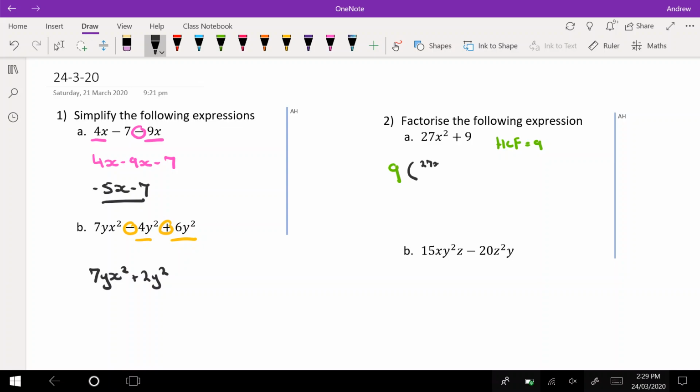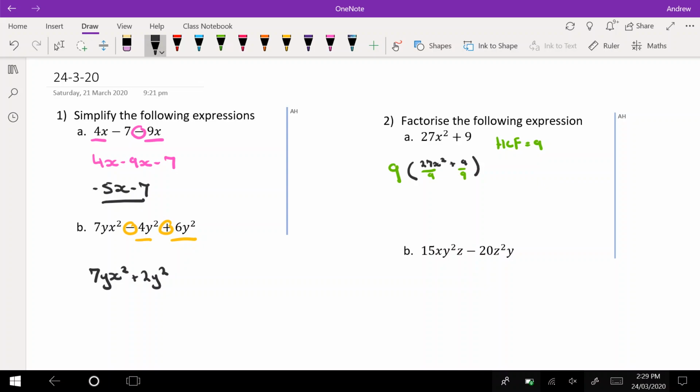And then I always like writing that small writing at the top and then dividing it by whatever number is on the outside. If you don't need to do this step, that's absolutely fine. I'm just doing it for the explanation.